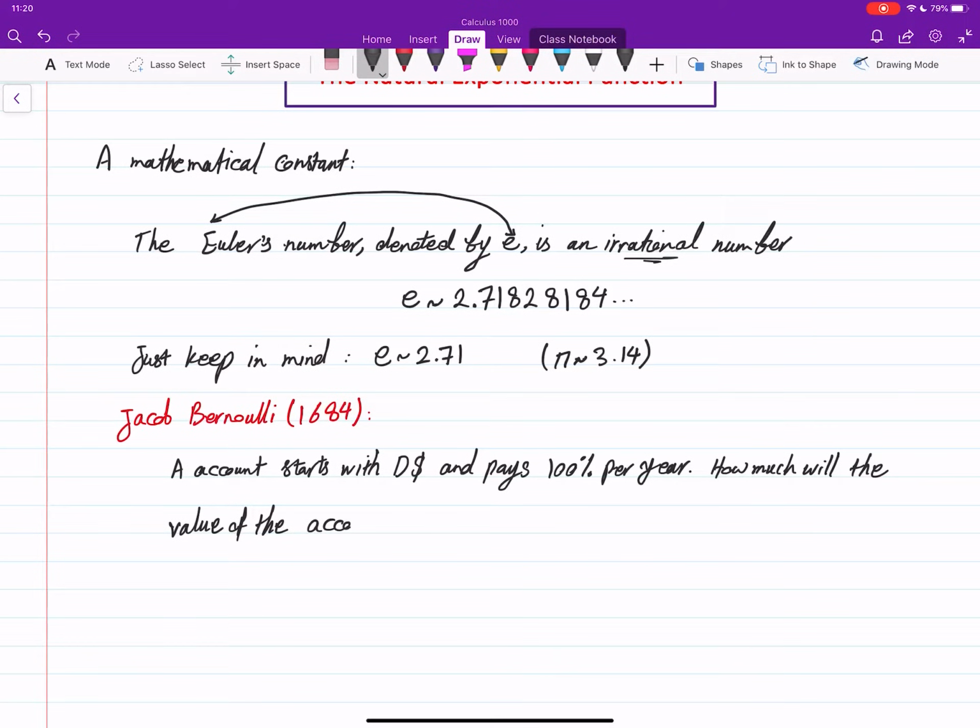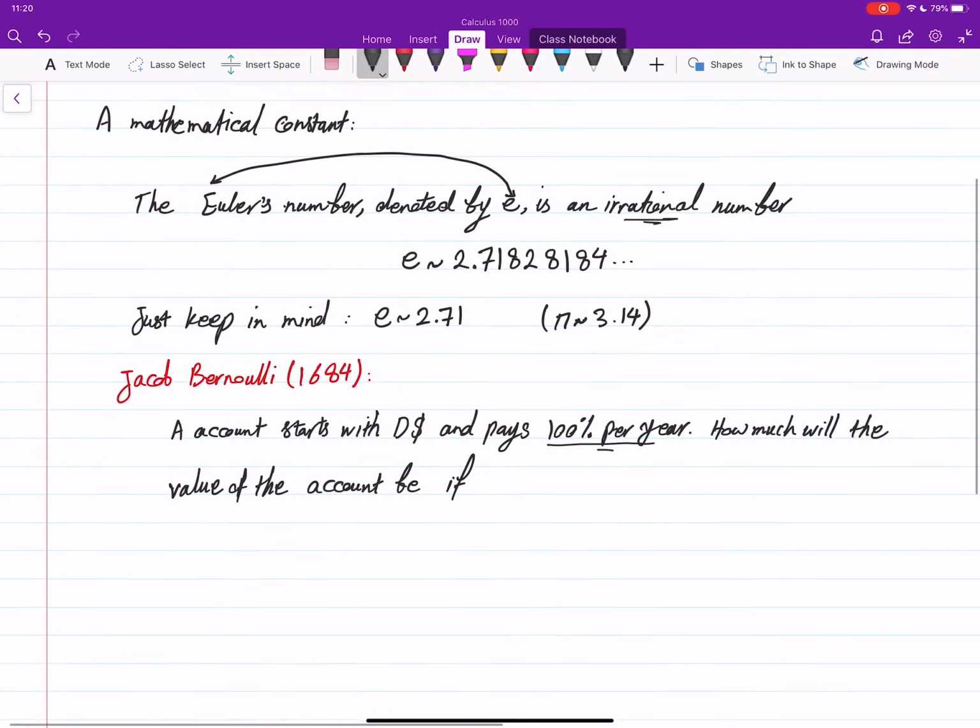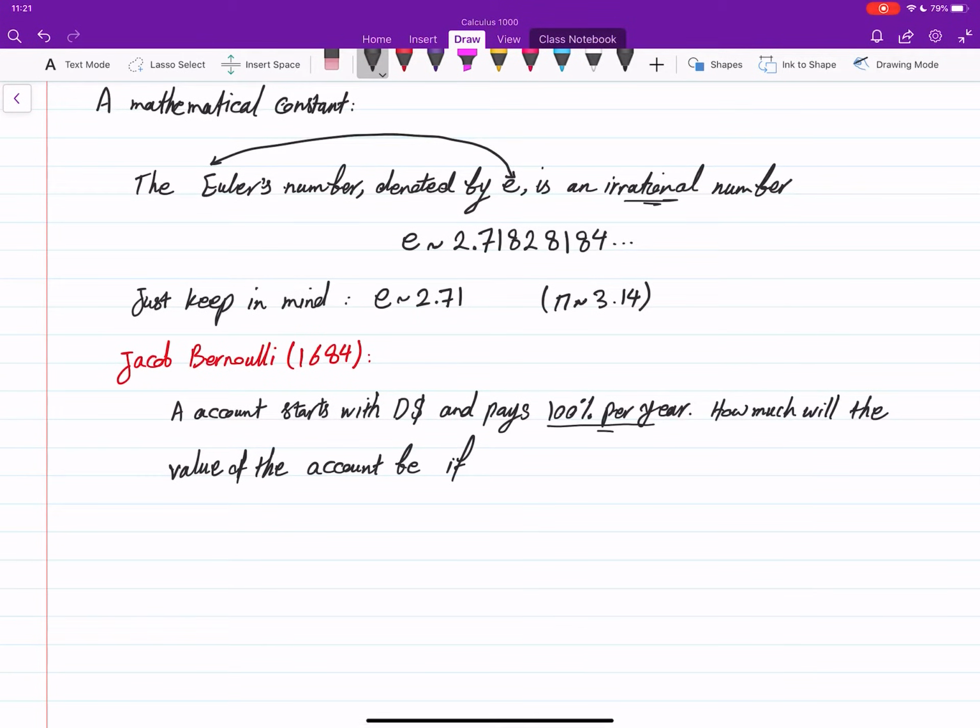if, well, we cannot say for sure just given that the interest rate is 100%. What is important is how often the interest will be credited. So if the interest will be credited, well, different cases.